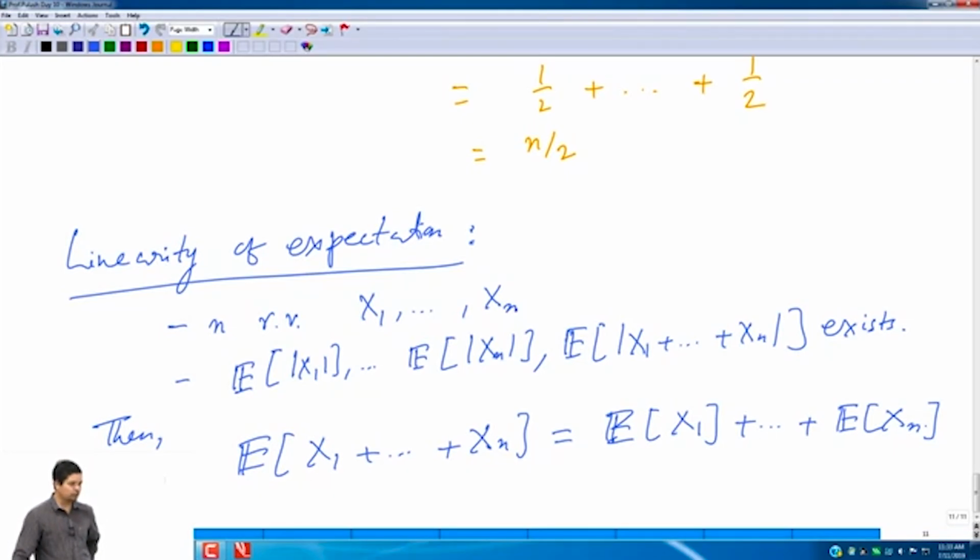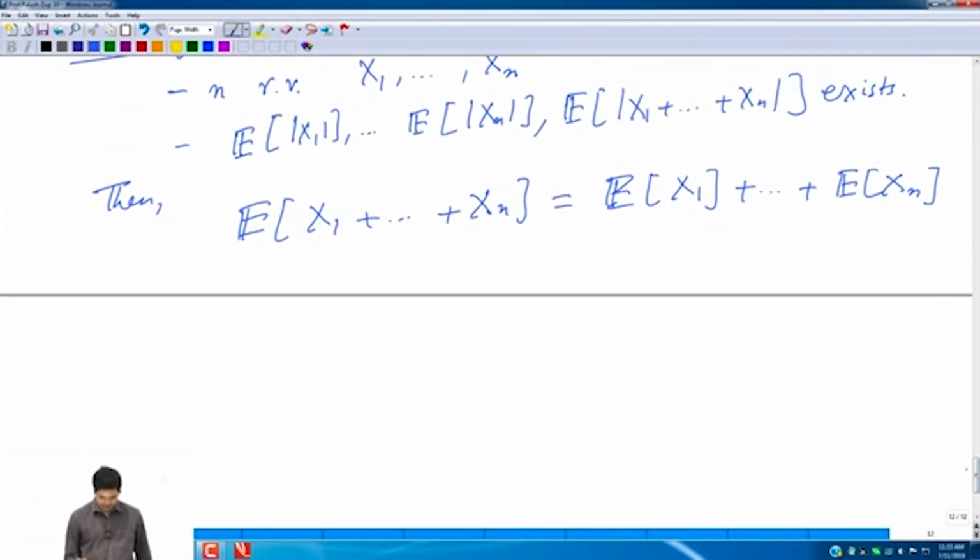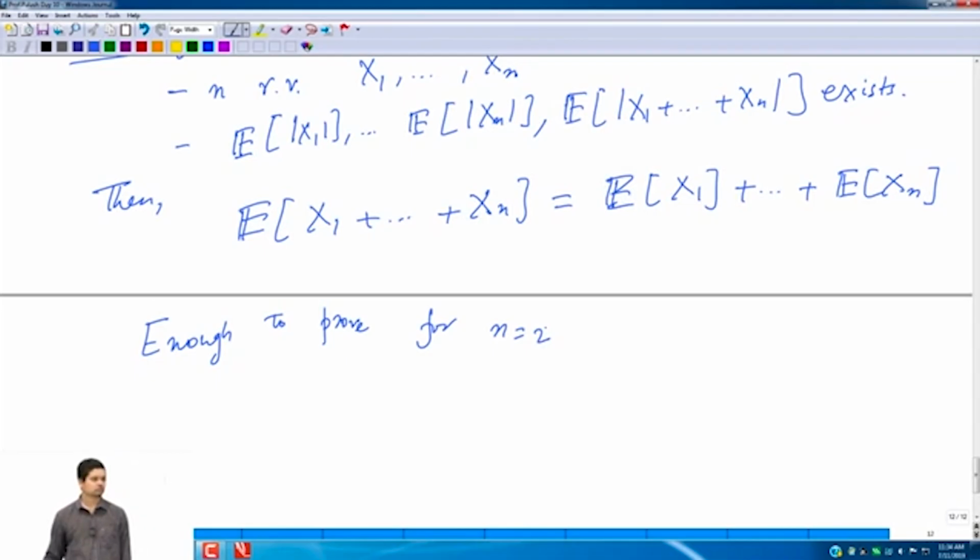I leave the proof to you. Just follow the definition. Just an important hint: observe that it is enough to prove for n equal to 2. Although the statement holds for any n, we are given a natural number n, it's enough to prove for n equal to 2.